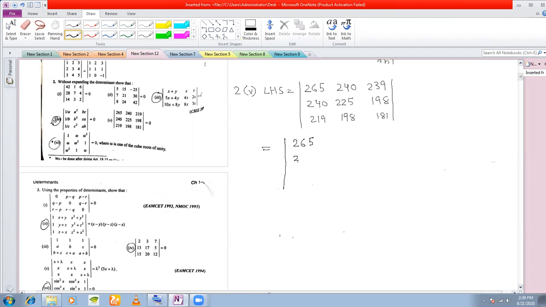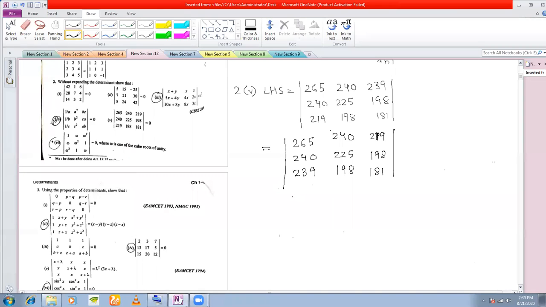Determinant is equal to 240, 239, 239, 240, 240, 225, 190, 225, and 198, 198, 239, 219, 209, 198, 198, 219, 181. 219, yes, 198 and 181.